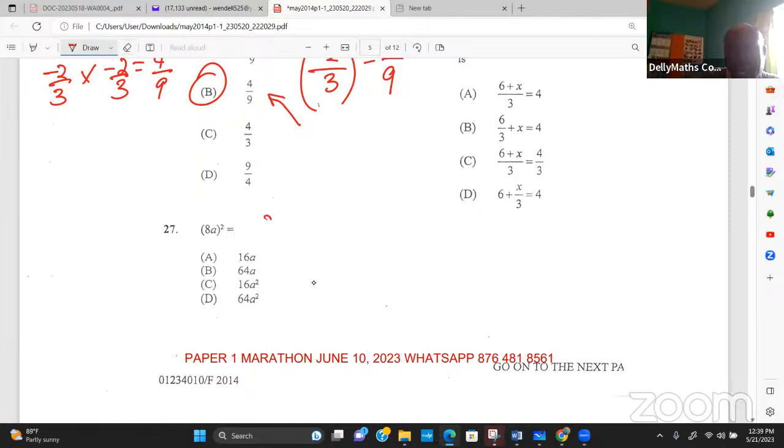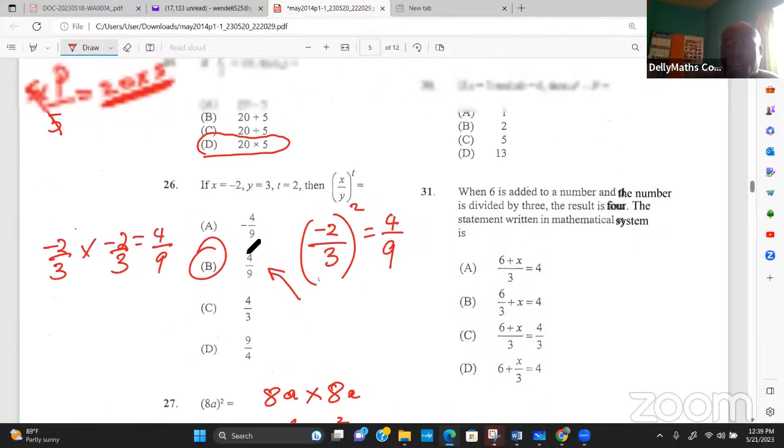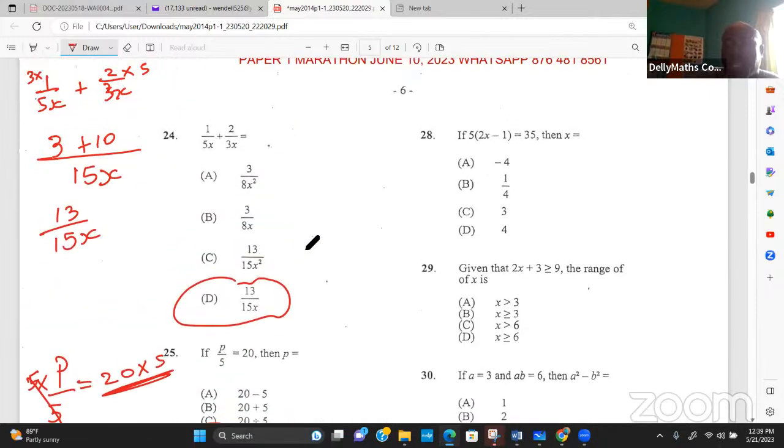And what does that mean? If I have 8a squared, it means 8a multiplied by 8a. So I'm gonna get 64 for the number, but a raised to the second, and I'm looking for that. The answer is D. All right, so as you can see, answers are there. Try not to make errors as you go. That's it. Let's go to number 28.